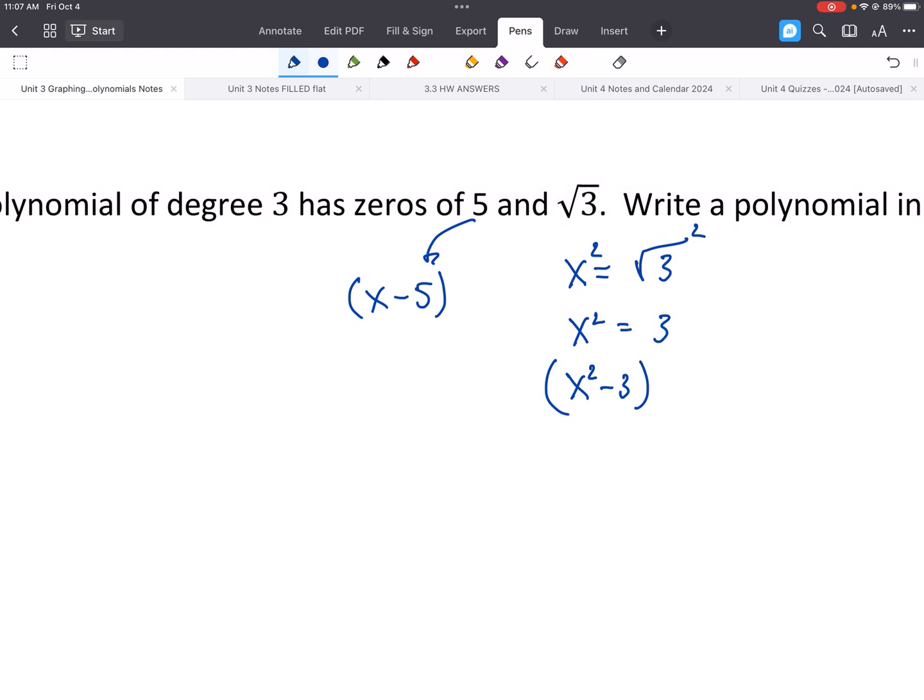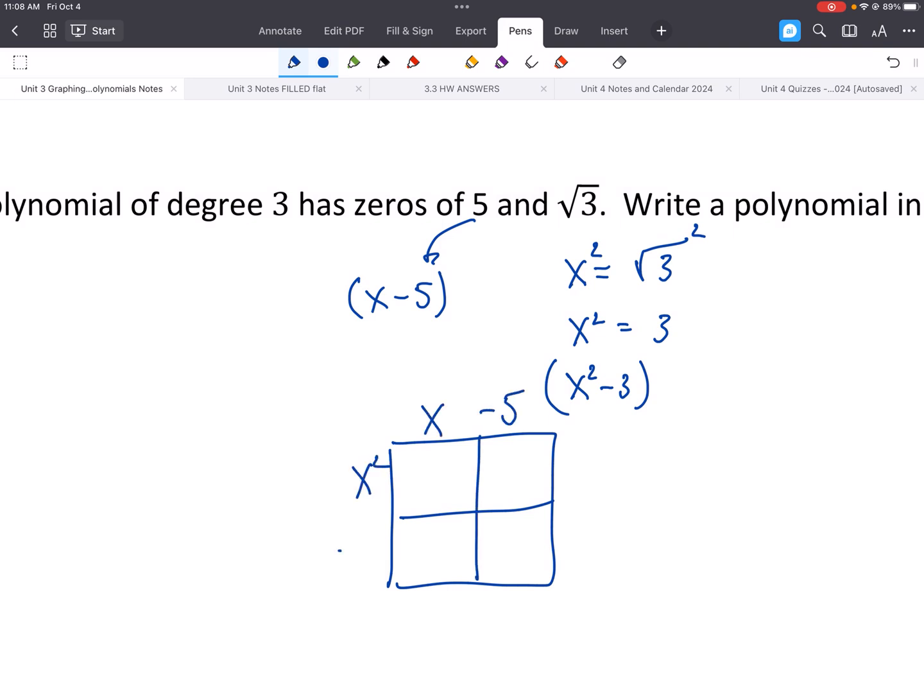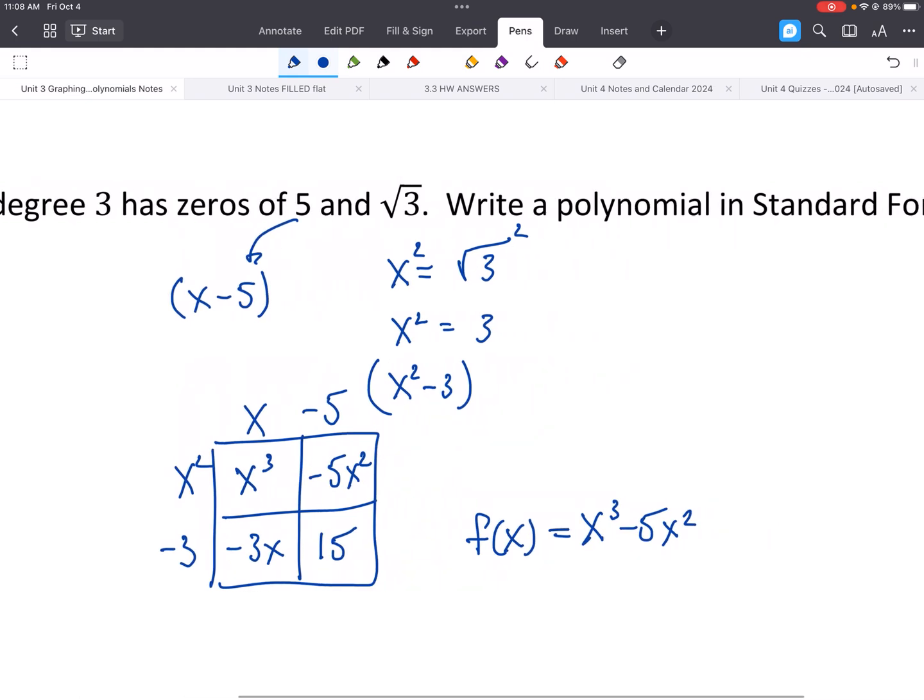Okay, and then we'll multiply, so it's very similar. Nothing really different at this point. x squared minus 3, so we'd get x cubed, negative 5x squared, negative 3x, and a positive 15. So f of x is equal to x cubed minus 5x squared minus 3x plus 15.